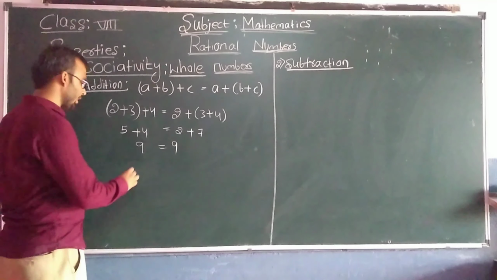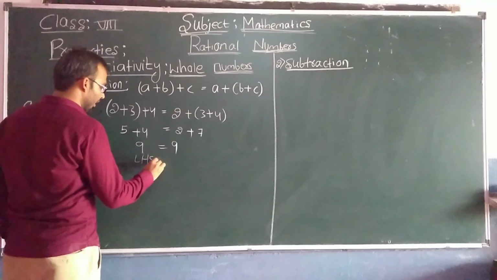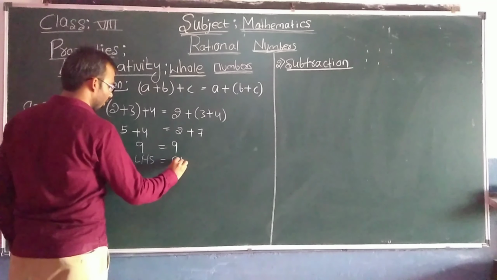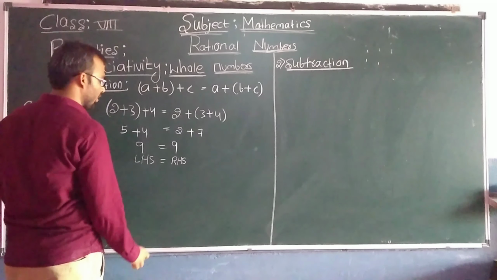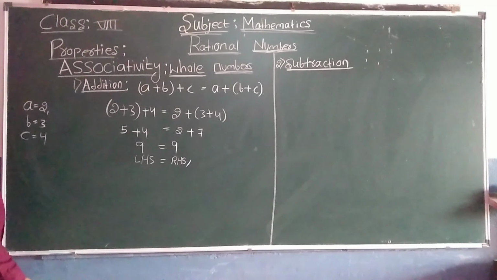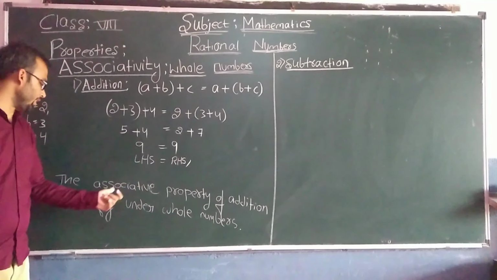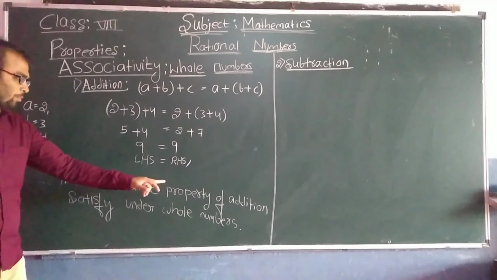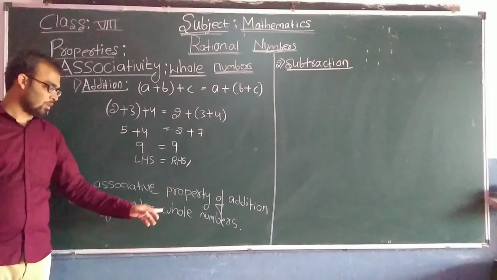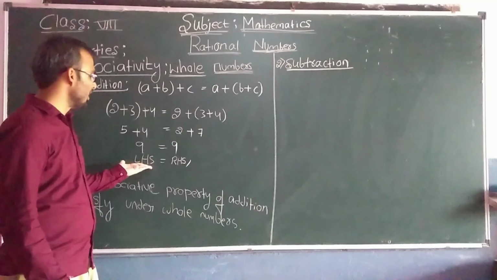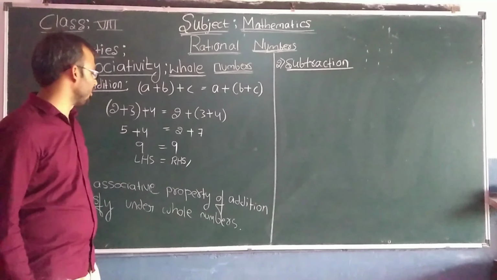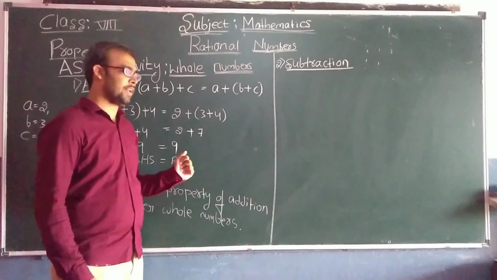LHS equals RHS. So the associative property of addition is satisfied under whole numbers, because we have got the same numbers on both sides.